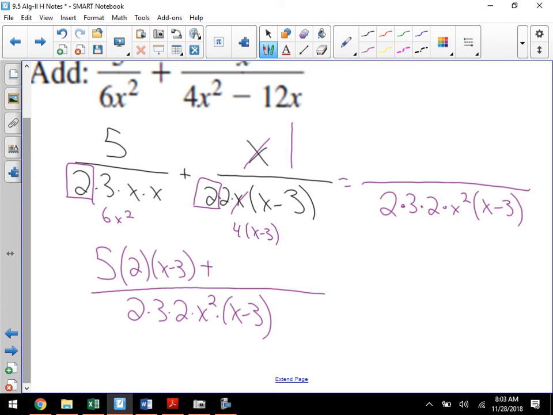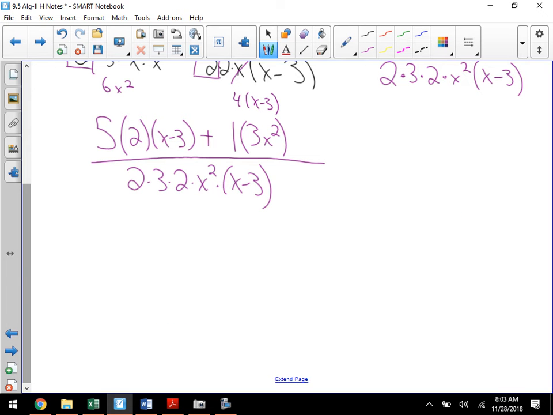It has a 2, and an x minus 3. It has the 2, it has the 2, it has the x minus 3. It's missing the 3x squared. Good. That's why we write things in terms of primes, so it's easier to see what you're needing. Okay? That's where we write it like that.